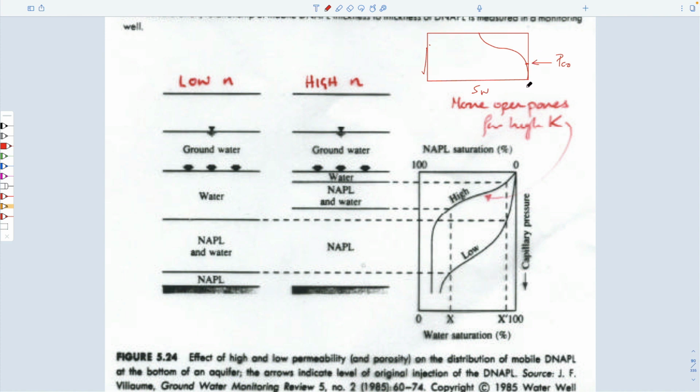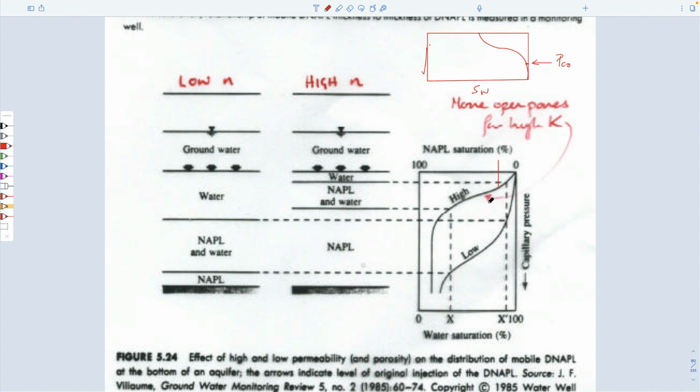If it happens to be a very open system, then this bubbling pressure will be at very low pressures because it's very open. And so this entry pressure into this would be quite high in the spectrum. If it's very tight, very closed, the capillary pressure that we have to overcome to get to this bubbling pressure is much larger, and that would be much deeper.